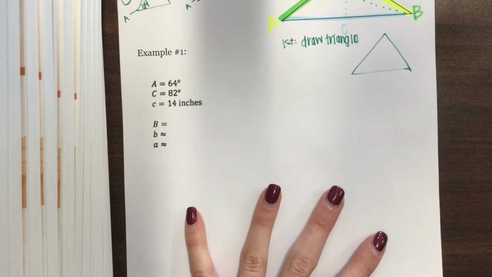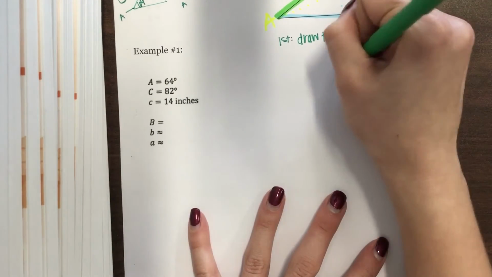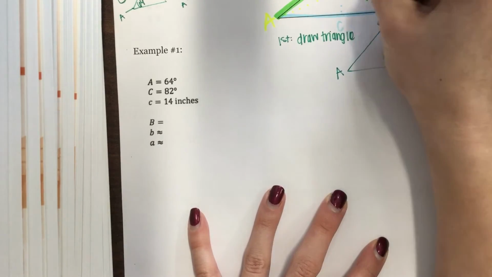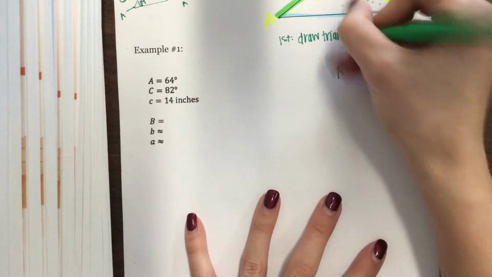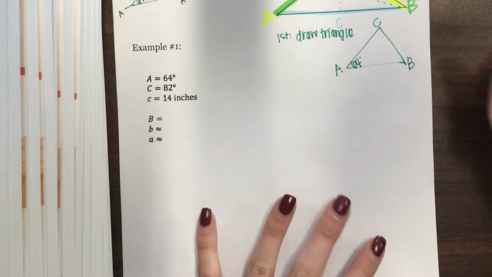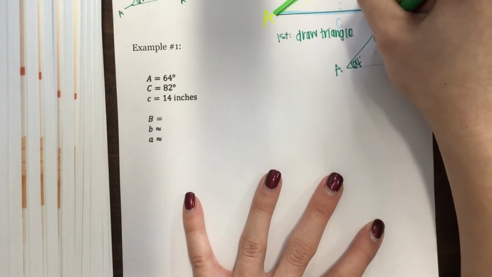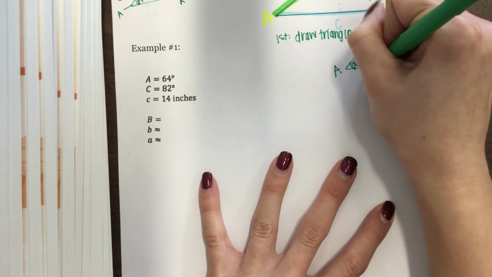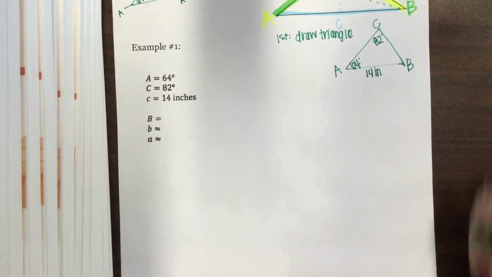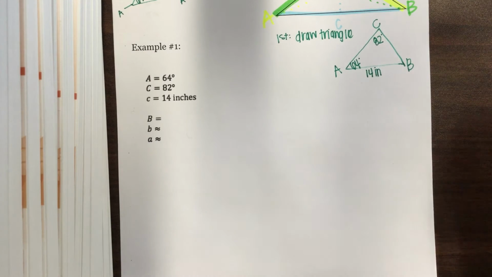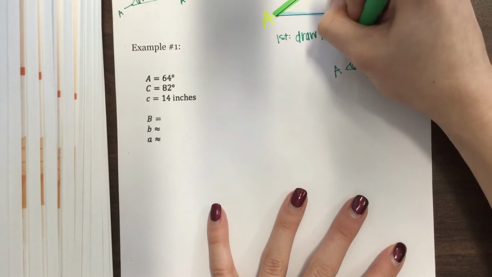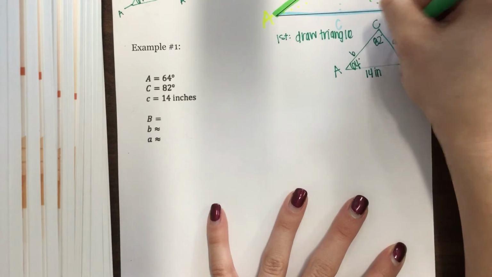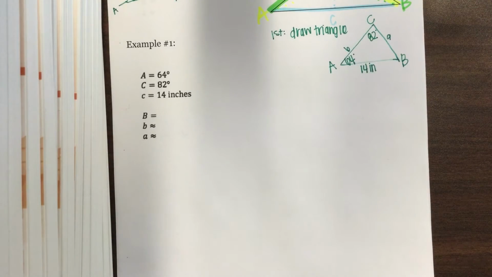Let's label this A, B, C. Angle A is 64 degrees. Angle C is 82 degrees. And side C is 14 inches, so this side across right here is 14 inches. That's all we know so far, so there's nothing else I can label. I can label that this side is B and this side is A, though. It's a good habit to get into, labeling what B and A are.